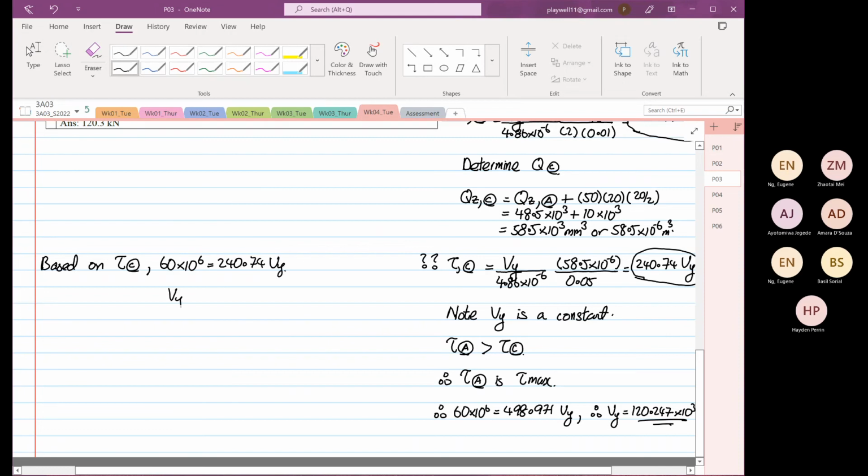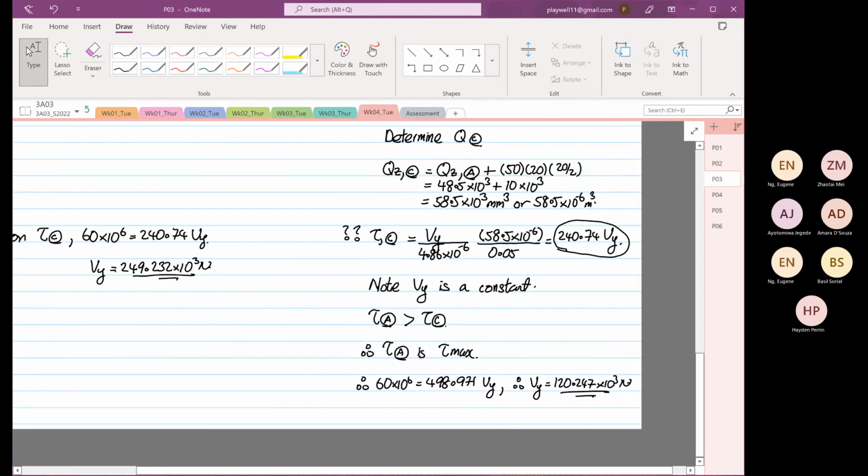So you have calculated Vy is equal to 60 times 10 to the power 6 divided by 240.74. It becomes 249.232 times 10 to the power 3 Newton.